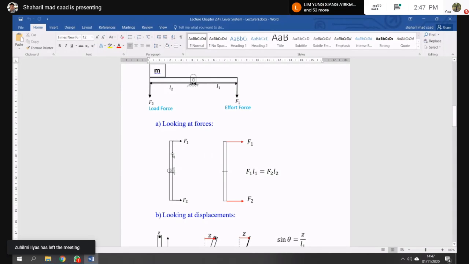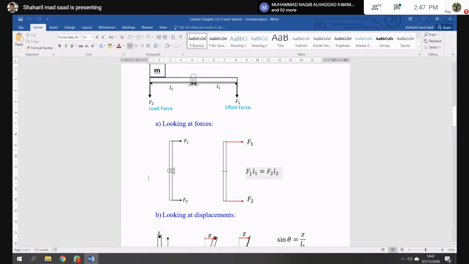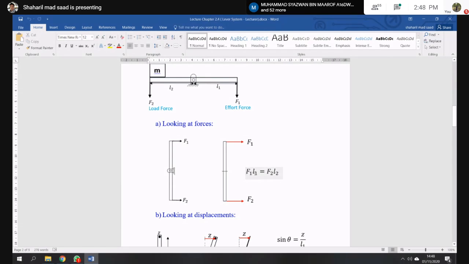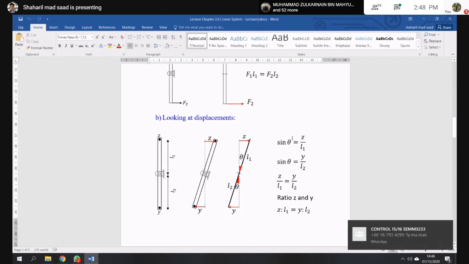To draw the forces in the lever system, you can draw the free body diagram, apply F1 here and F2 right here, and then you can get some torque: F1 times L1, and F2 with L2 here. This is basic torque. Also look at the displacement.